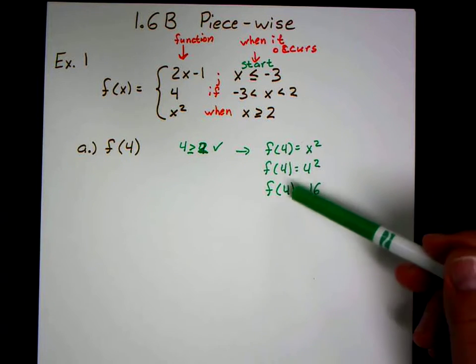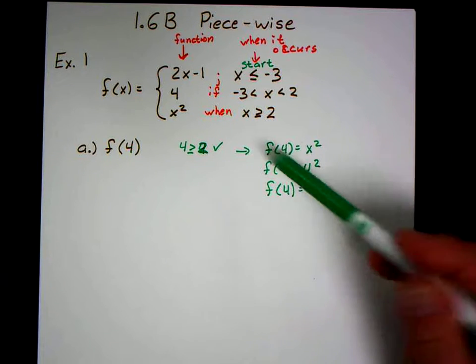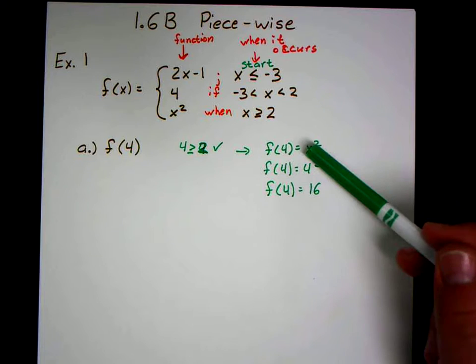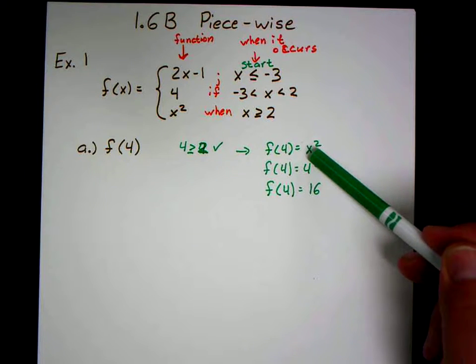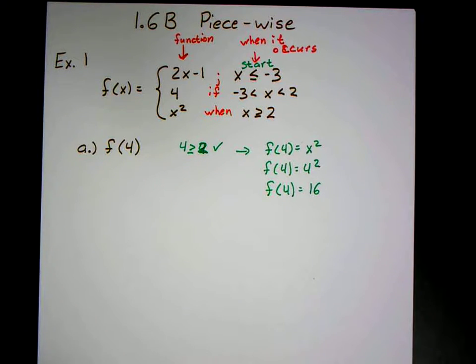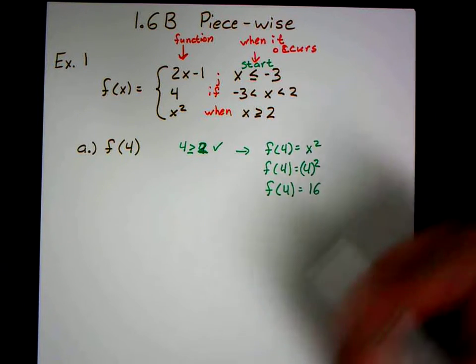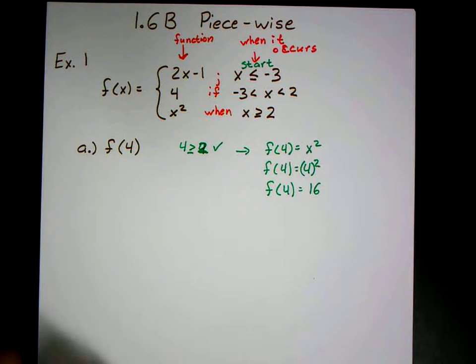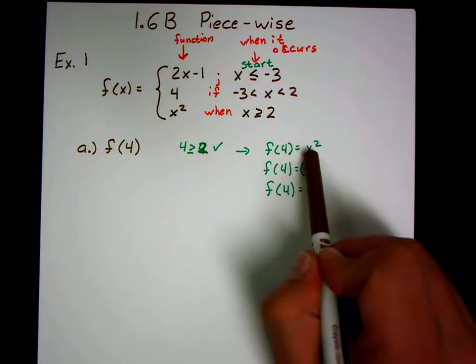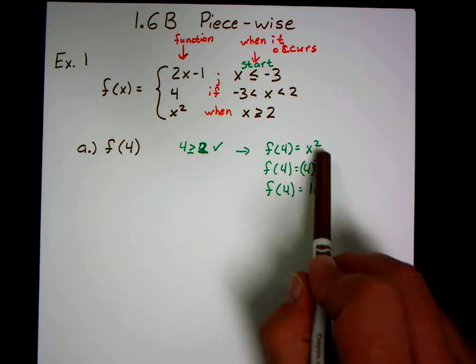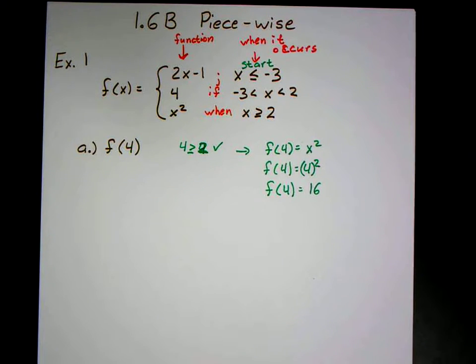Which 4? This one? So f of 4, whatever goes inside here is what replaces the x. So technically it should have replaced it up here. I just wanted to write this to make sure you understood where that came from.